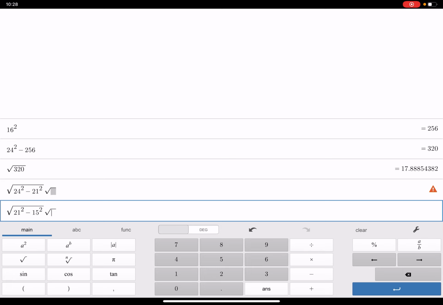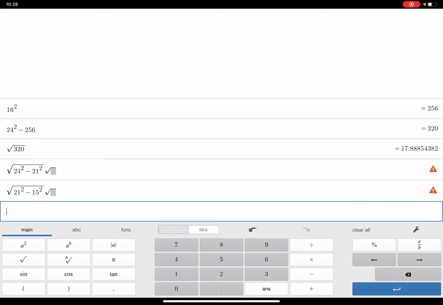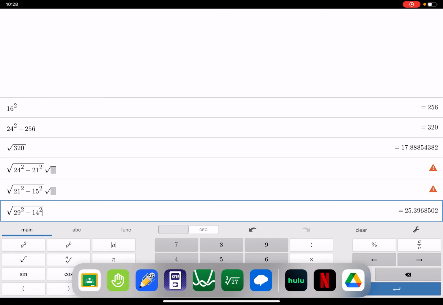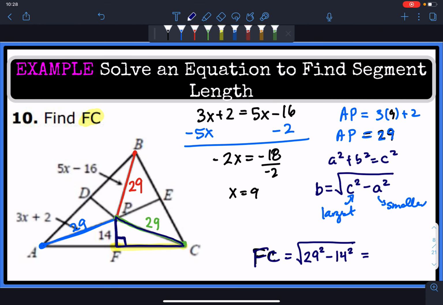The square root of 29 minus 14 to the second power, which is approximately 25.4. So that's the distance from there, 25.4. So that's our solution. So this one was, again, a little bit longer.